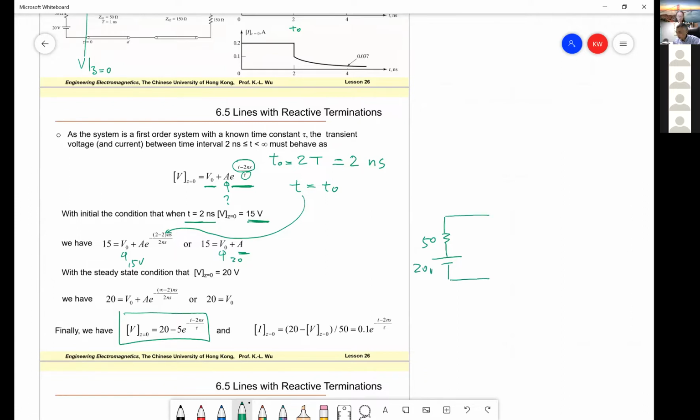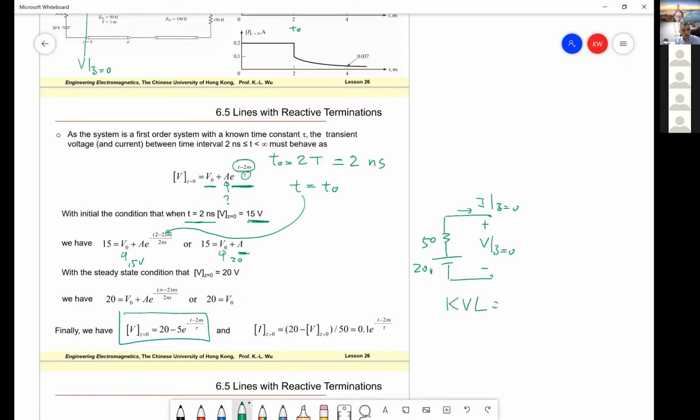Now this is a voltage. This is our definition. Then if this is current, what do we have? KVL.